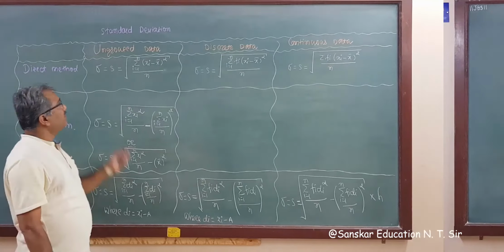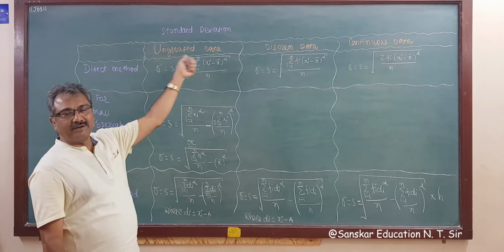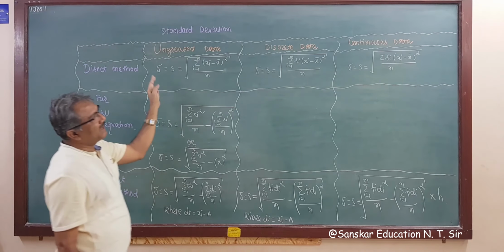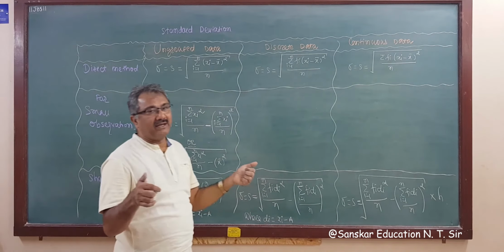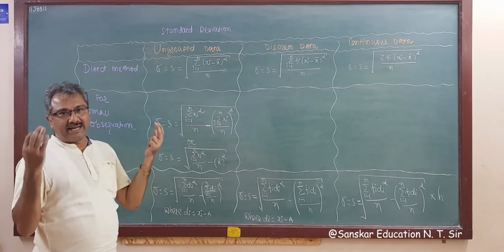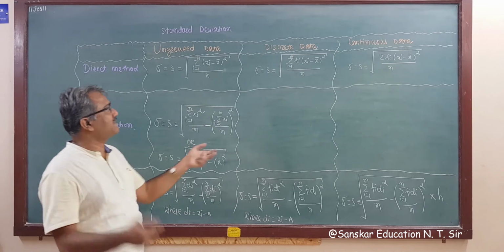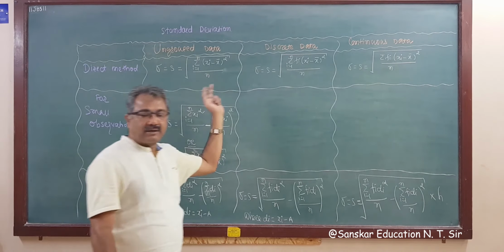This is the list of formulas for ungrouped data, discrete data and continuous data. As you know, there are three types of data: ungrouped and grouped data, and grouped data has two types, discrete and continuous.